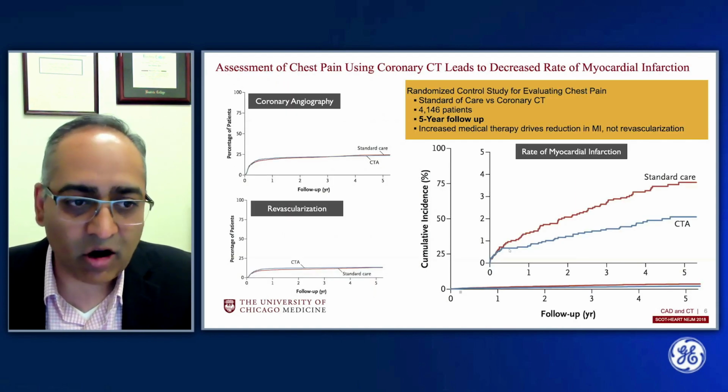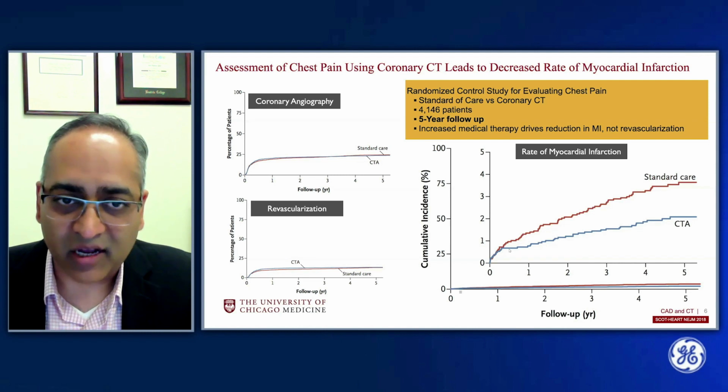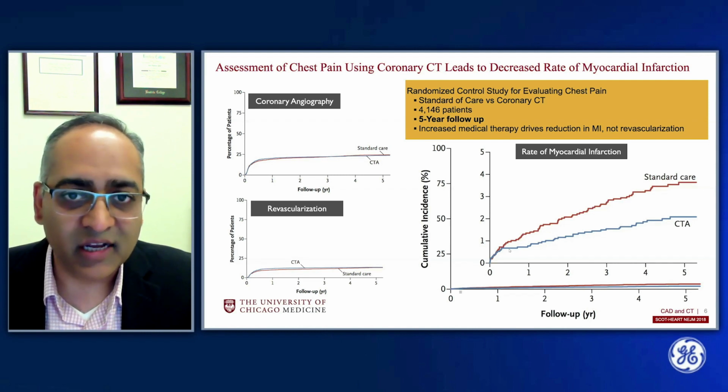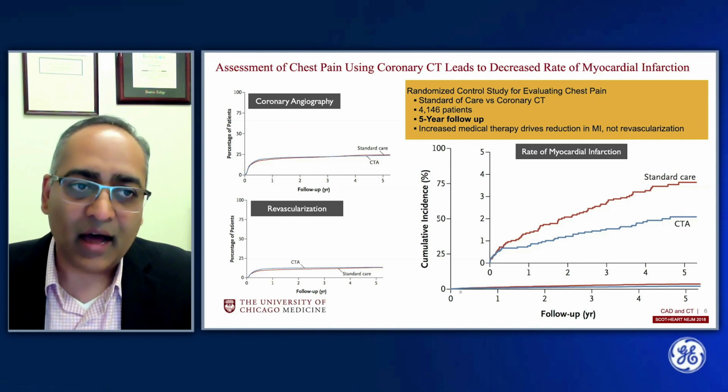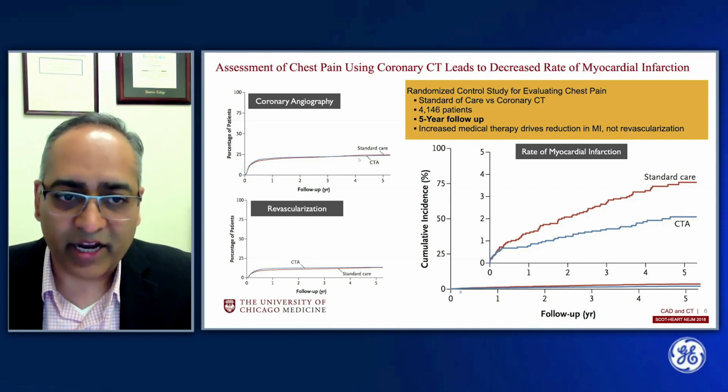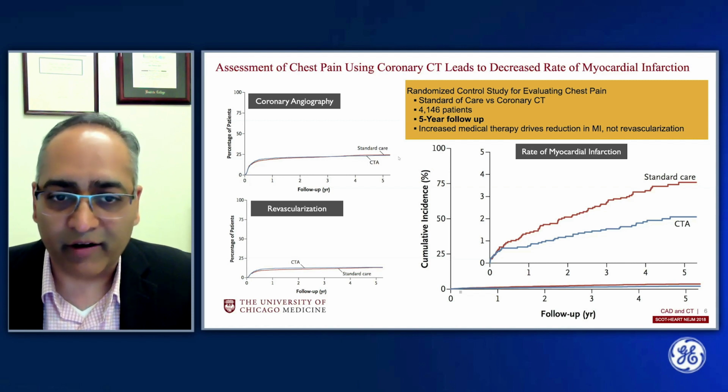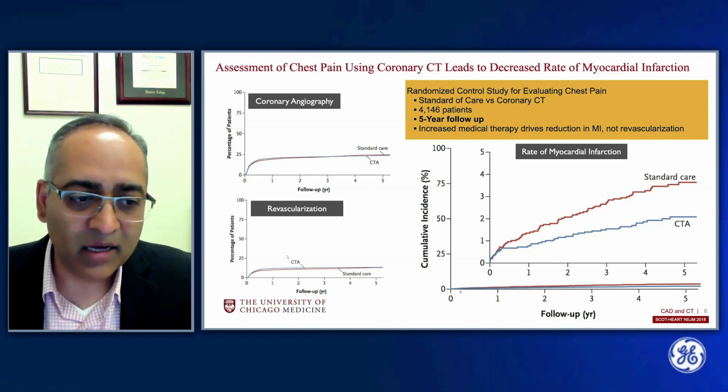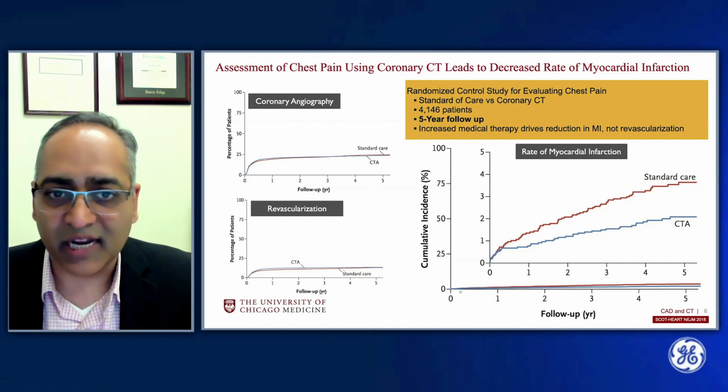In the SCOT-HEART trial, so another trial with over 4,000 patients, patients were randomized to standard of care or coronary CT. And you can see, regardless of which arm patient was randomized to, the rate of coronary angiography was the same, as was the rate of revascularization.